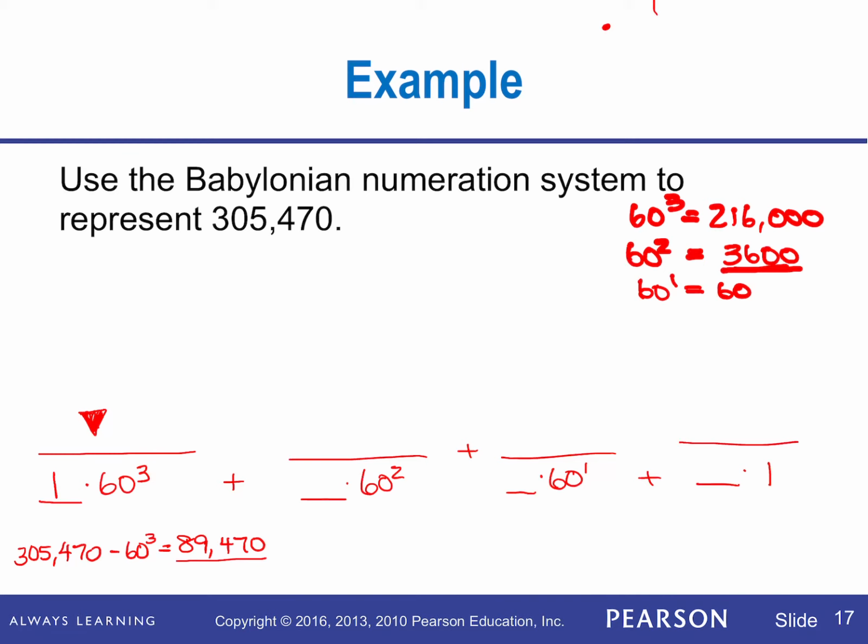If I were to multiply by anything bigger than 24, I'm going to be above 89,470. So I want 24 60 squareds here. Okay, to represent 24, I'm going to have 2 tens, so 2 Pac-Men, and then 4 units, so 4 upside down triangles.